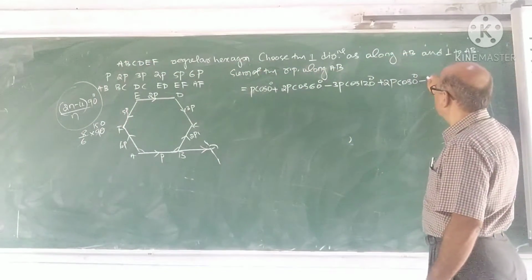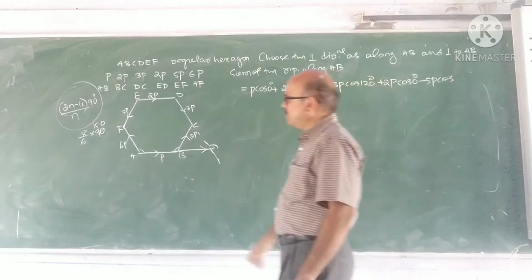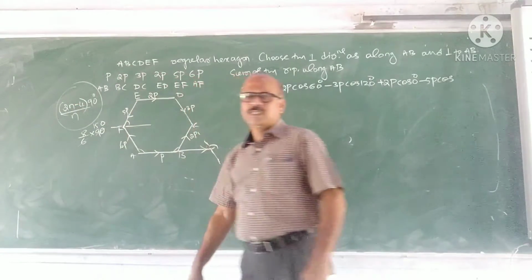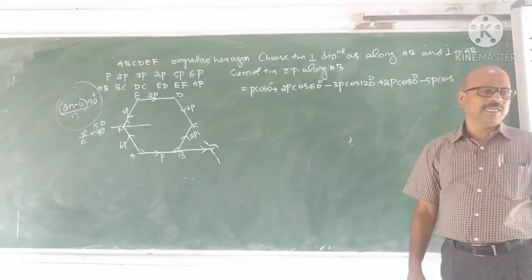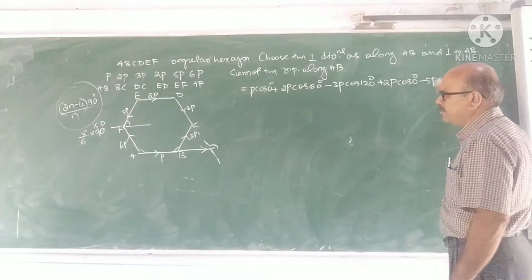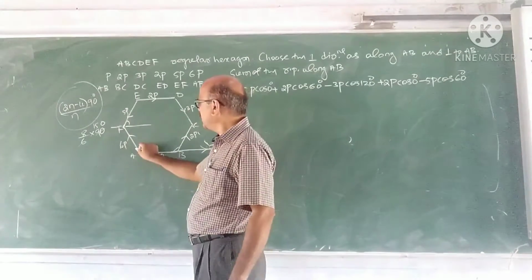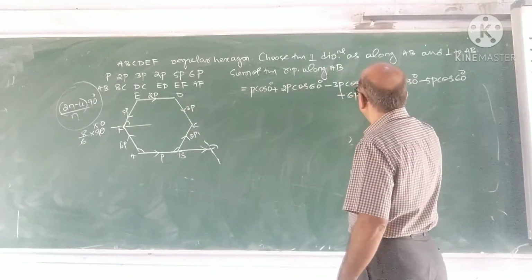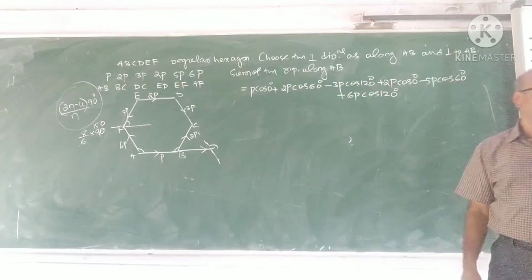Again we take minus: minus 5P cos of 60 degrees. And the angle made by 6P is 120 degrees: plus 6P cos 120 degrees. I think the angles are correct here. Verify.